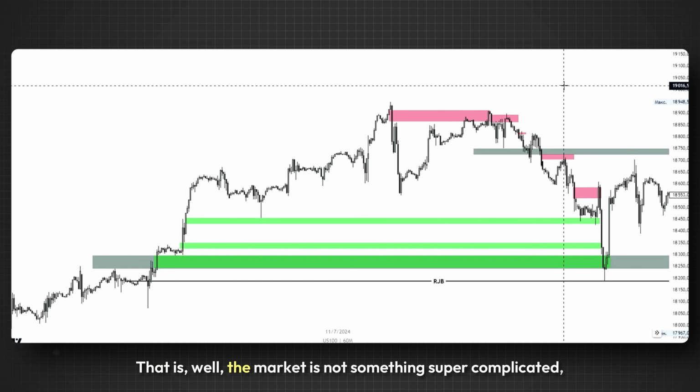The market is not something super complicated or incomprehensible. It is a very simple mechanism which is coherent, which is systemic. Yes, they try to confuse the market and so on. But if you start to look through the prism of what I am showing you, you will realize that basically everything goes like this.